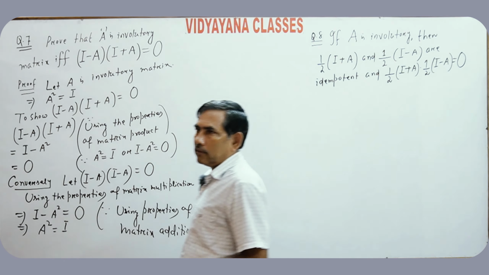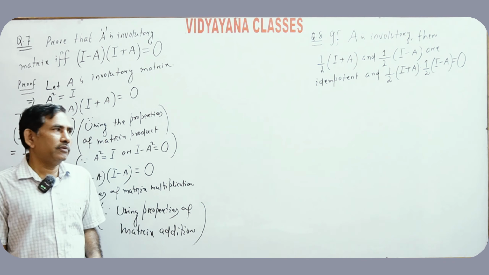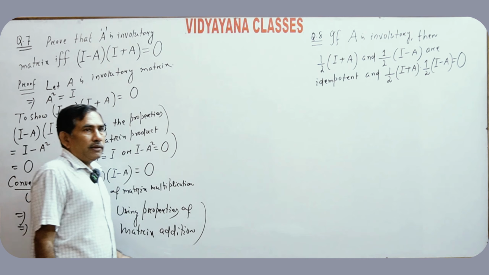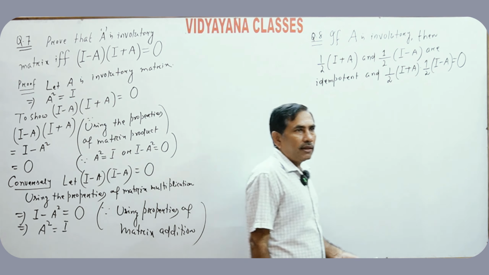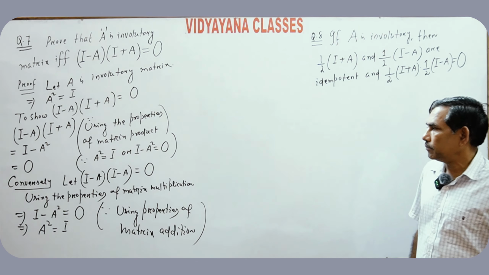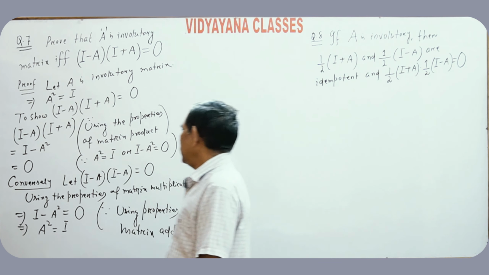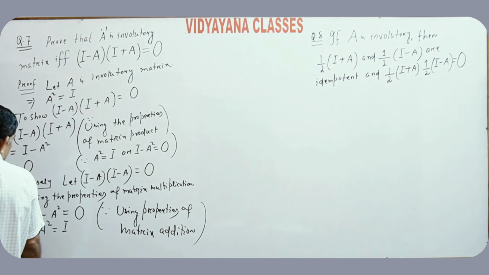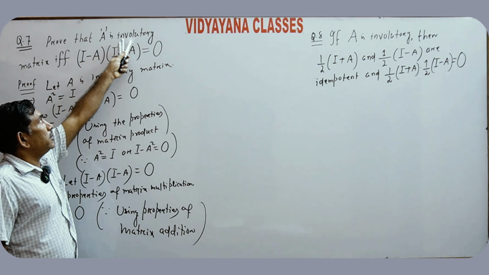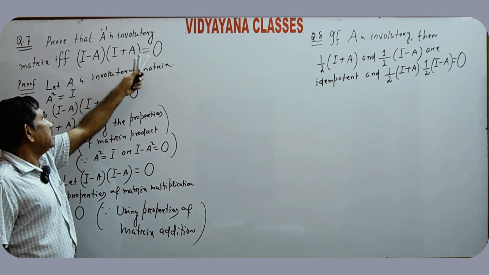The 0 matrix is the additive identity of any matrix. Minus A is the additive inverse of any matrix capital A. Clear? A is involutory implies this.